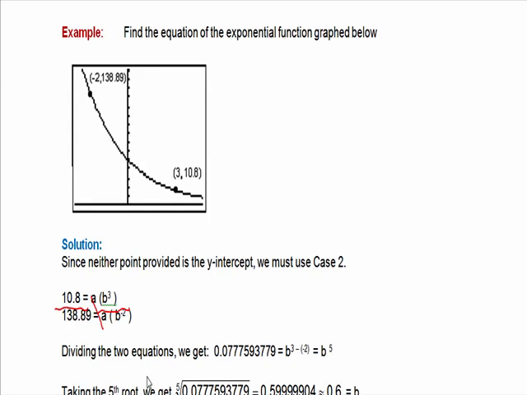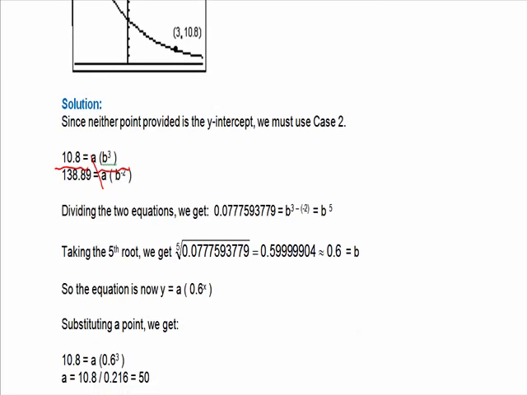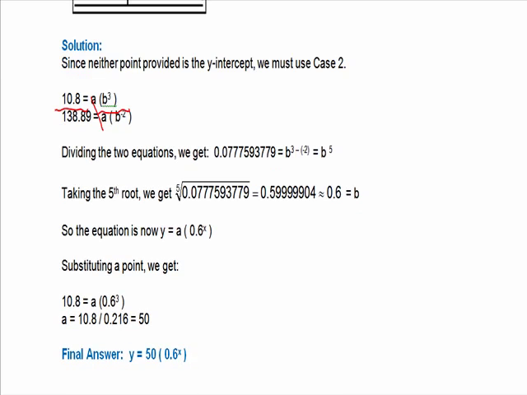From here, what I'm going to have to do is take the fifth root, and when I take the fifth root, I end up getting 0.5999904. That's close enough that I'm going to call that 0.6. So my b is 0.6. So I now have the equation y equals a multiplied by 0.6 to the x.